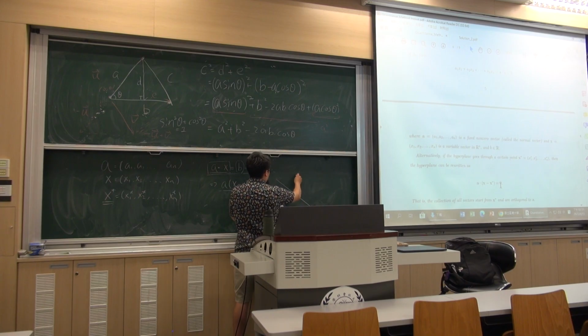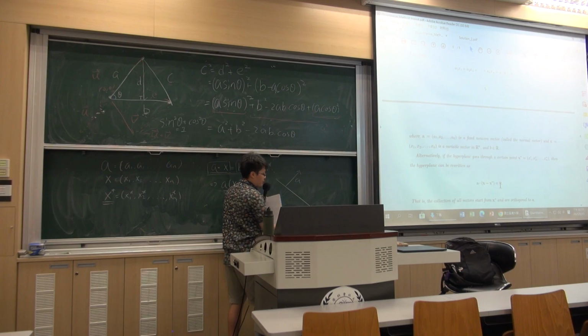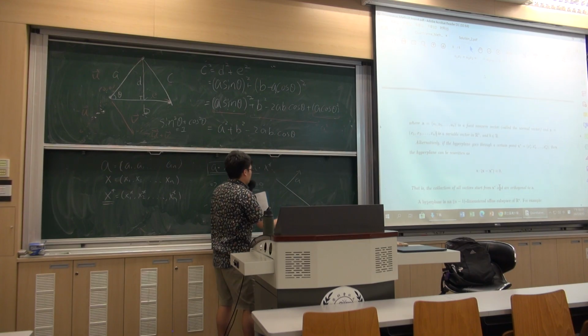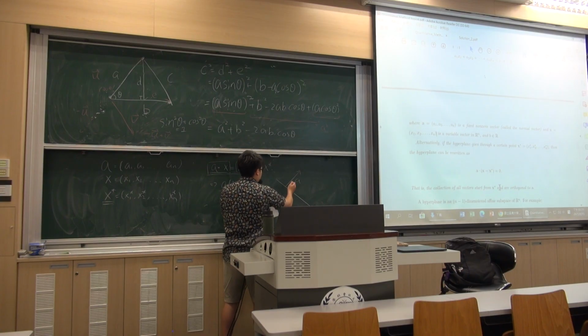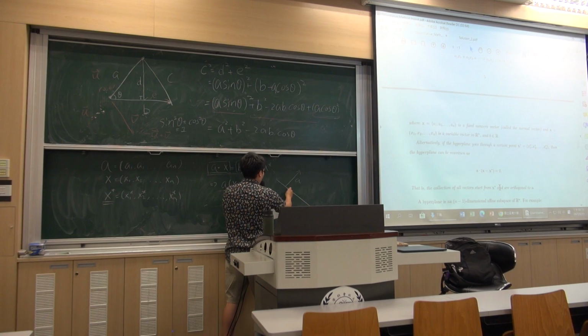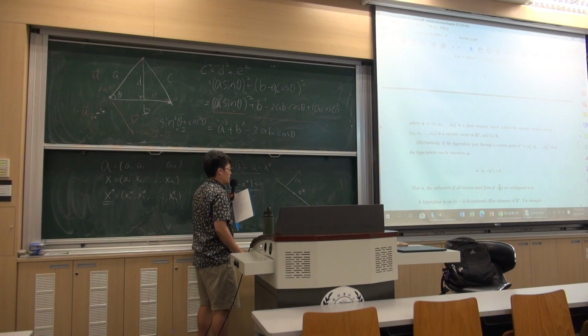And A is actually the normal vector of that hyperplane, which I believe I'm going to cover later, but A is the normal vector. And we want to collect all the points on it. And we also know that there is a point, x star, on this plane.